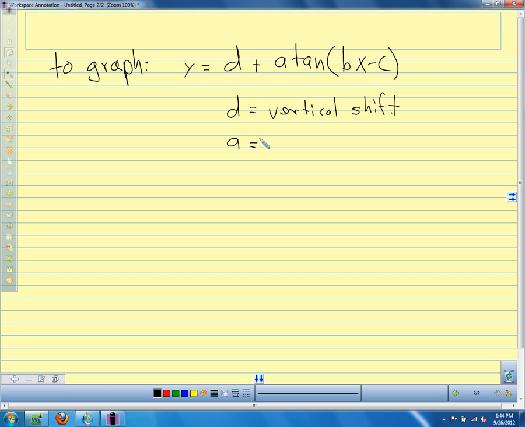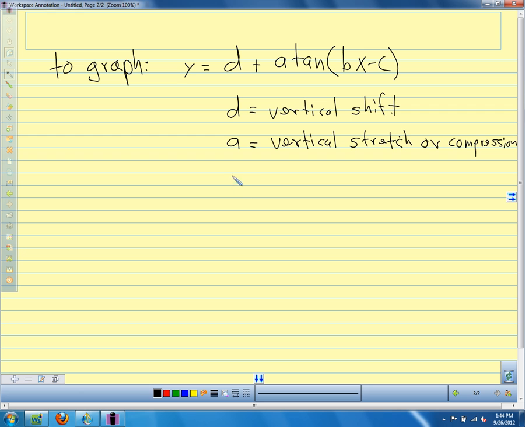A tells us the vertical stretch or compression. So A is just going to stretch our graph out or compress our graph.